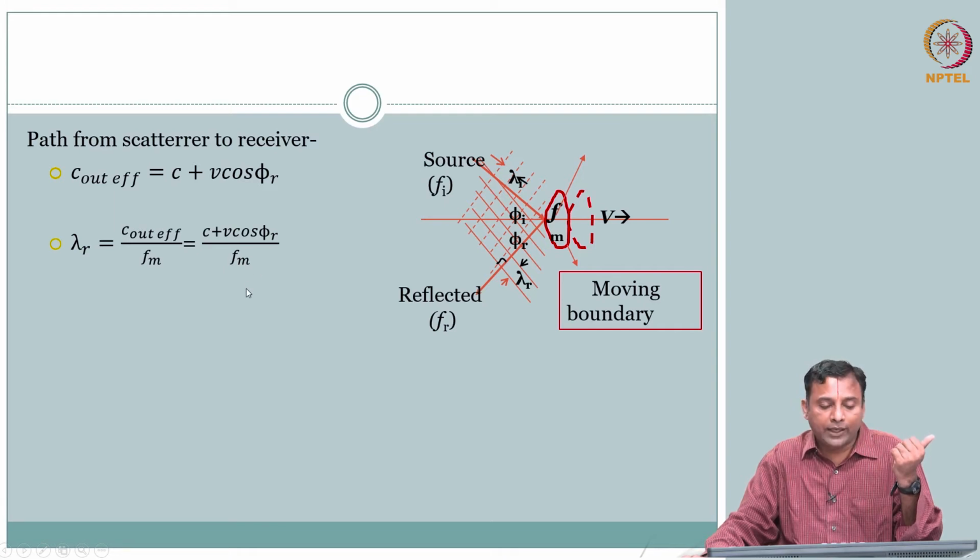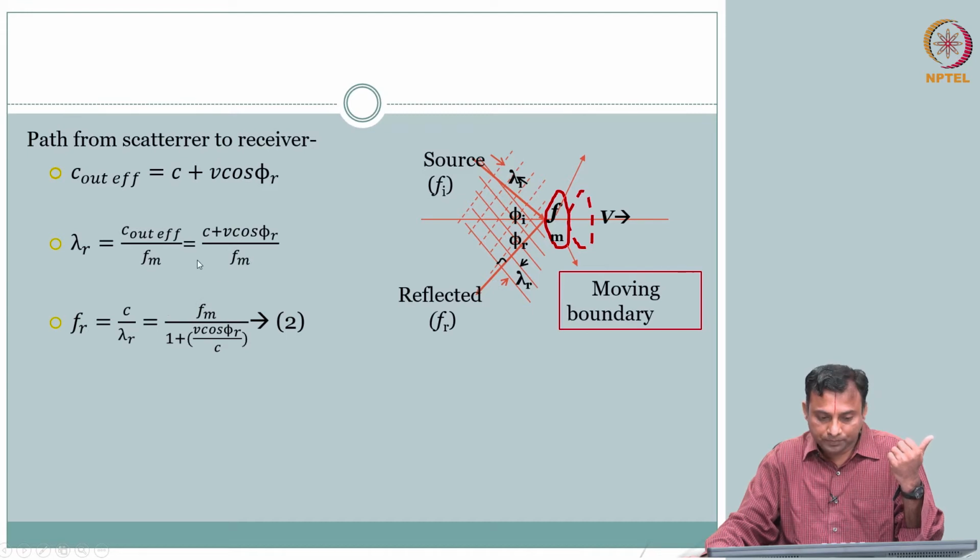So what can we do? I have an fm here. I had an fm when I did the source to one path. fm is supposed to be the same. So I can quickly move around. Your fr is equal to c by lambda r. But then I can substitute for my lambda r, and here there is a c.